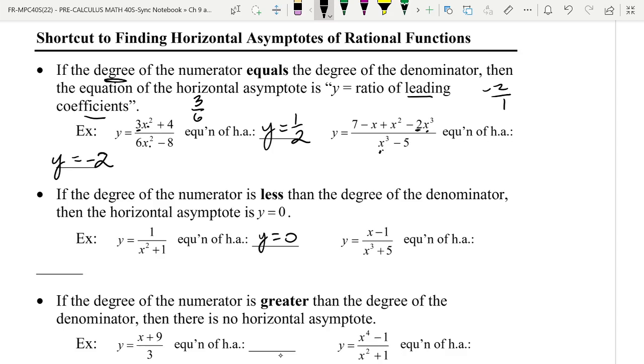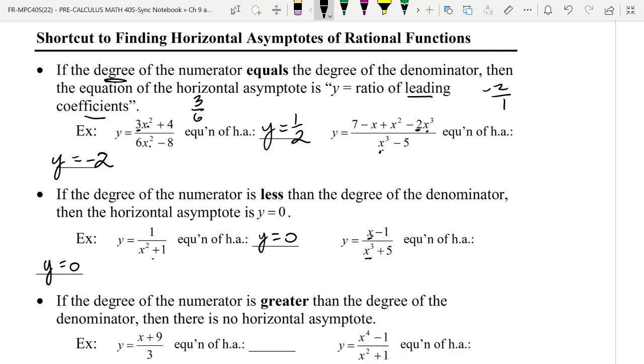Here, again, this one's maybe a little harder to see why this is true. But the rule works on this one, so it has to work on that one because they have the similar characteristic of the numerator having a smaller degree than the denominator. This one's only x to the power of 1, this one's x to the power of 3. So once again, the equation of the horizontal asymptote here is y equals 0.